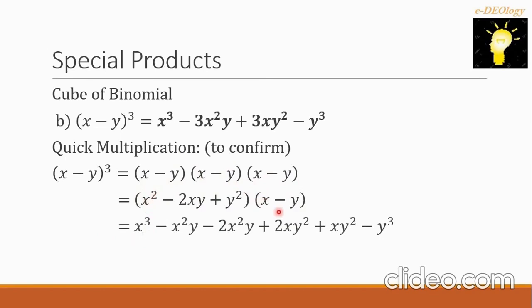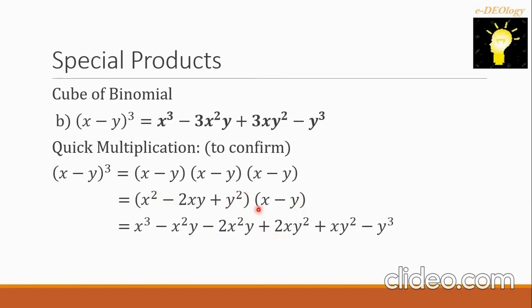Then x squared times negative y will give this negative x squared y. Next is this negative 2xy times x will have this negative 2x squared y. Negative 2xy times negative y will give this positive 2xy squared.